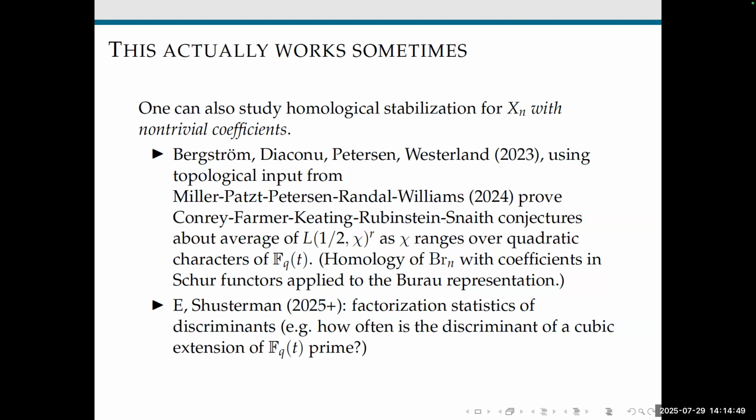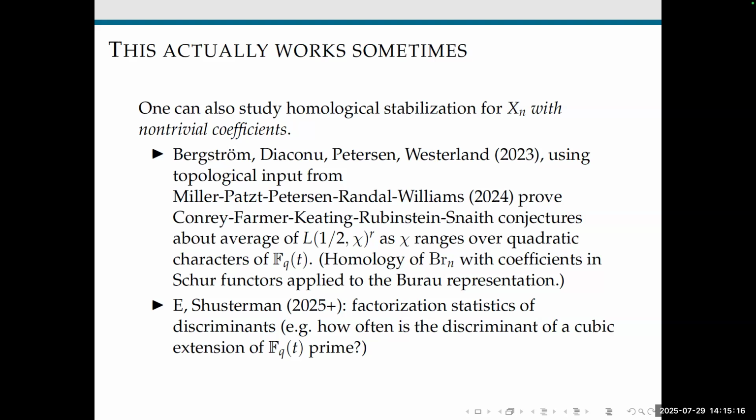And by doing that, another wonderful recent paper is by Bergström, Diaconu, Petersen, and Westerland, who are, I guess, 3 topologists and a number theorist, using topological input from a bunch of other people, Miller, Patzt, Petersen, and Oscar Randal-Williams. Boy, there's a lot of names in this slide. They prove the famous random matrix-oriented conjectures, also by many people, about what's going on with the moments of the central values of L functions.